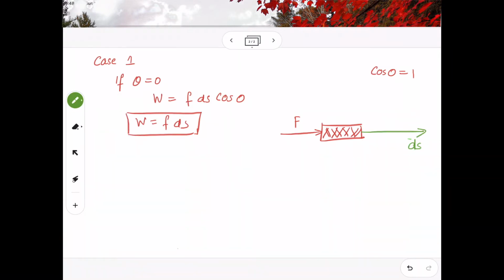I have represented the direction of the displacement like this, and here you can see that the force and displacement are in the same direction. So there will be no angular deviation. So theta will be equal to 0. So the work will be maximum. Remember, maximum work is done only when the displacement occurs in the direction of force.